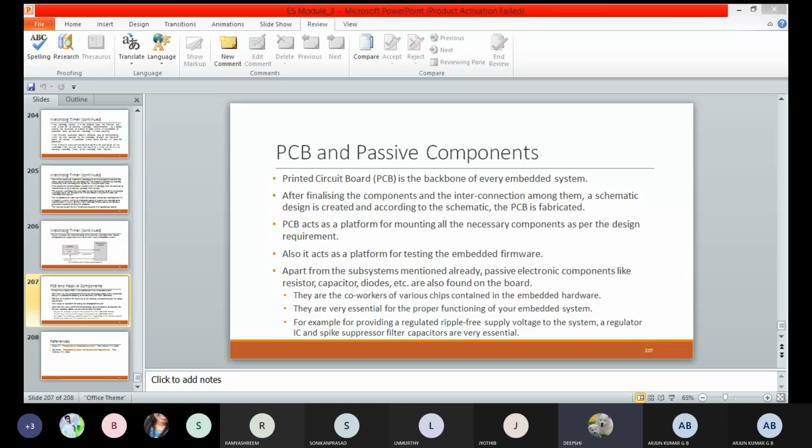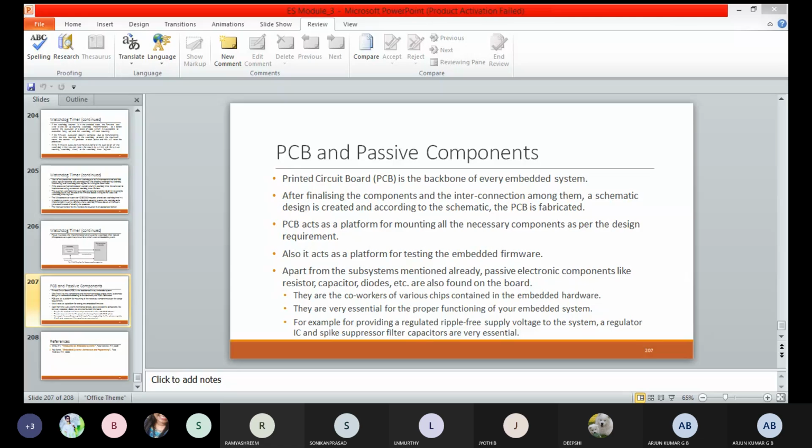Resistor, capacitor: are these passive or active elements? Passive. Okay, these are the passive elements. Then what are the active elements?